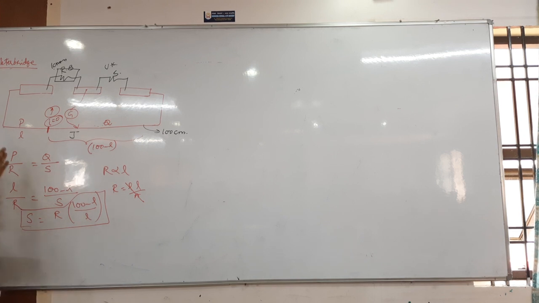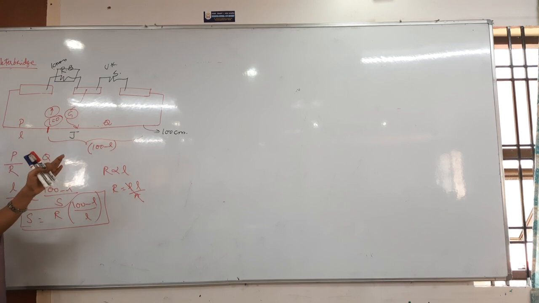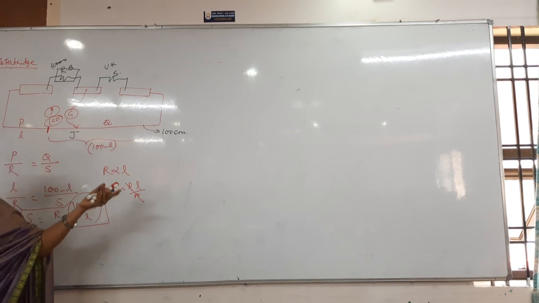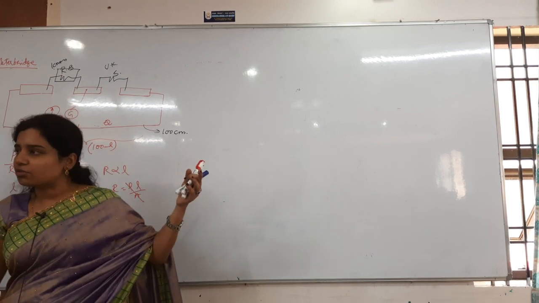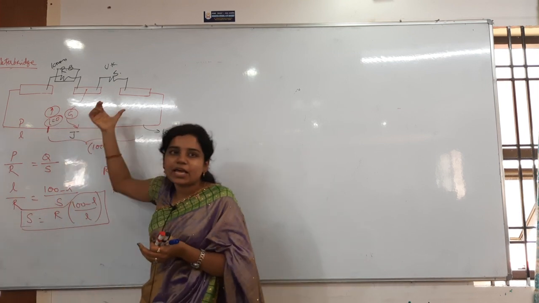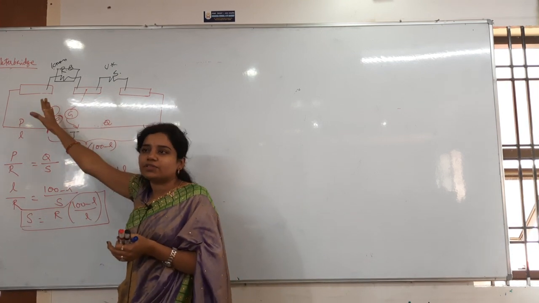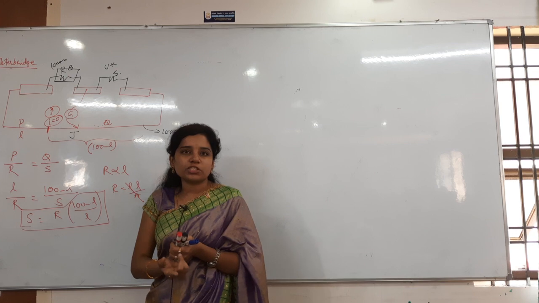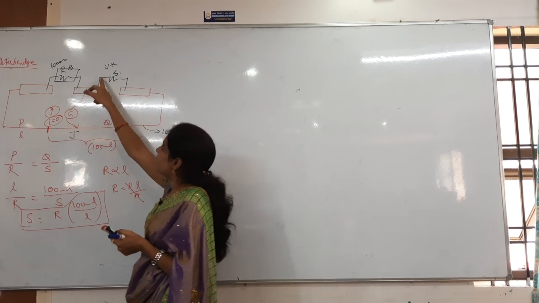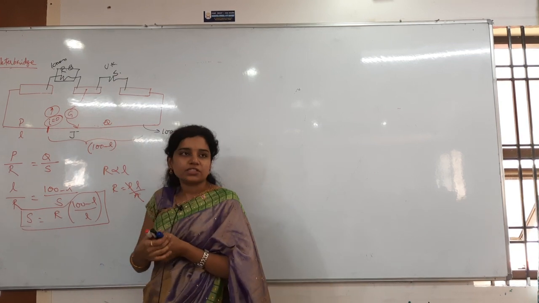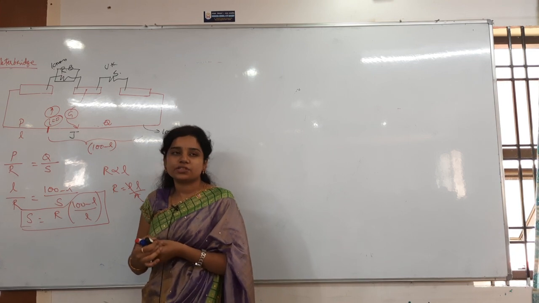Here the left gap is the known resistance and the right gap is the unknown resistance. Sometimes in a problem they will give the unknown value and ask for the known value, that is, they give the right gap value and ask for the left gap value. One more possibility is that they connect a shunt resistance. A shunt resistance means a parallel resistance.